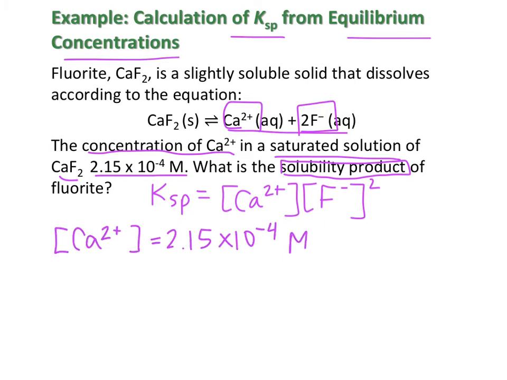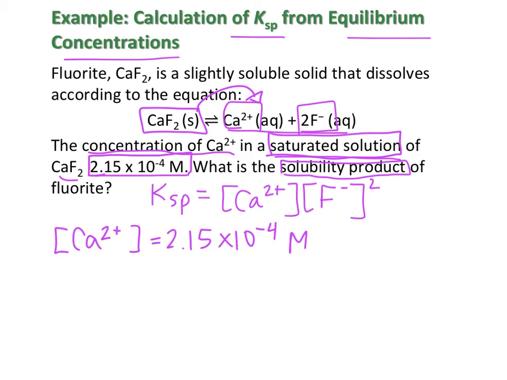Where are we going to get the concentration of fluoride? So luckily, what happened here is that we have a saturated solution of CaF2. So whatever has possibly dissolved is all that will dissolve. And we have a concentration of calcium. Because they are both coming from this, since this gave off 2.15 times 10 to the negative 4 molar of calcium, then it's going to give off the same amount, like in the same ratio, to fluoride.